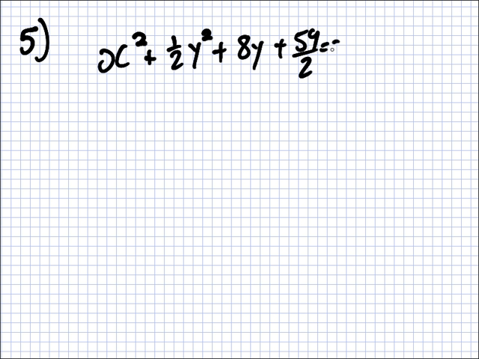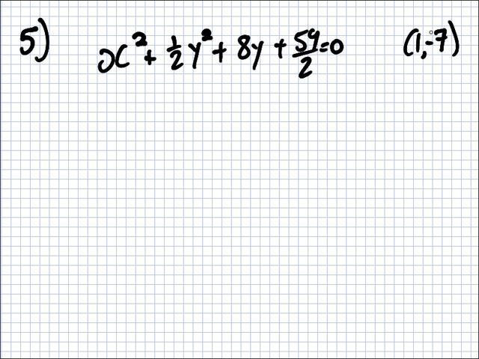Five. X squared plus a half y squared plus 8y plus 59 over 2 equals 0 at 1 comma minus 7.